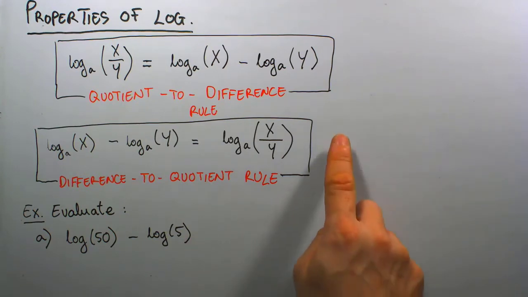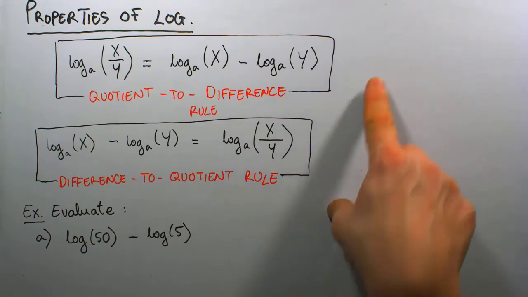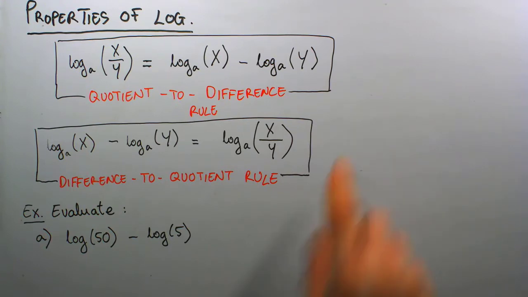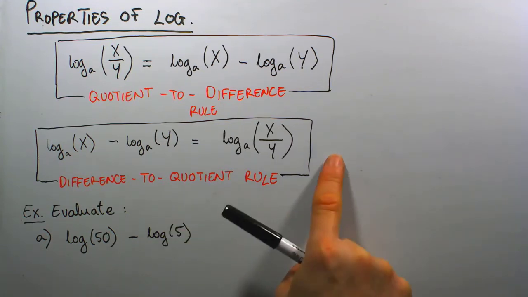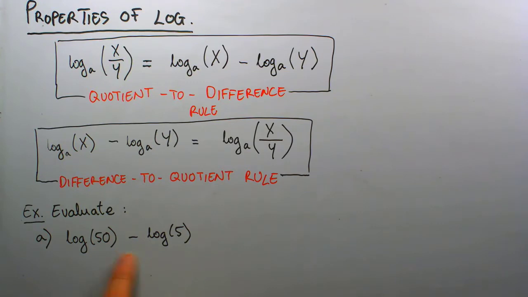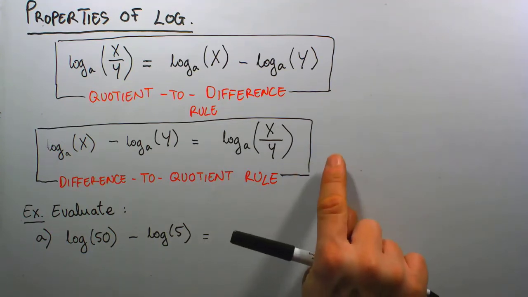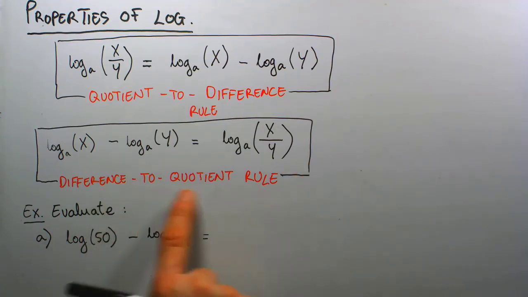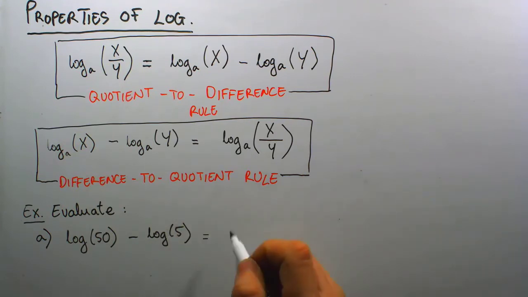So in that case, knowing the property here will be extremely useful. And so now, without an advanced calculator, we can do the following. Manipulating this property, here I'm starting out with log base 10, but it's a difference of two log base 10 problems. And so I can use this property in a way that I go from a difference to a quotient.